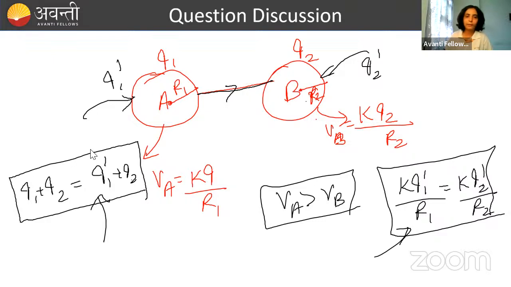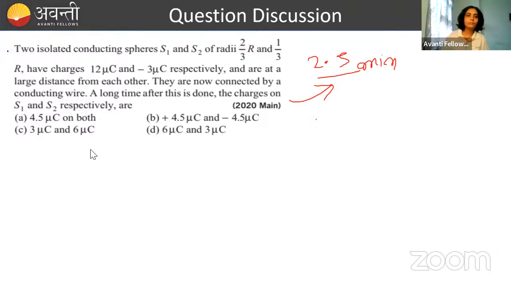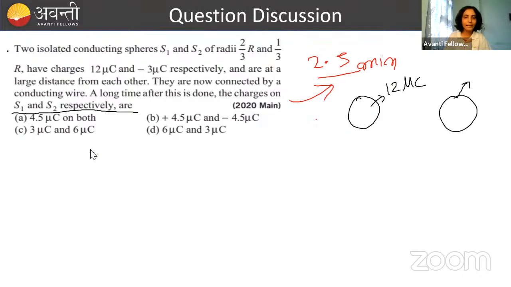JNV Ahmedabad. Yes, correct. So chalo, you need to apply that logic here only. So they are now connected by a conducting wire. A long time after this is done, charge on S1 and S2. तो आप क्या लिखोगे? हमारे पास एक स्फीयर था, इस पे चार्ज कितना था इनिशियली? 12 माइक्रोकूलम, and this was initially having a charge of -3 microcoulomb.